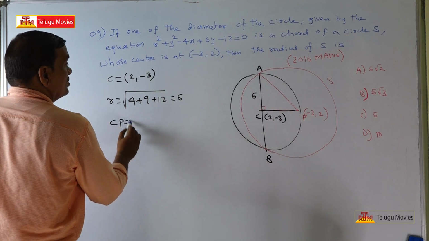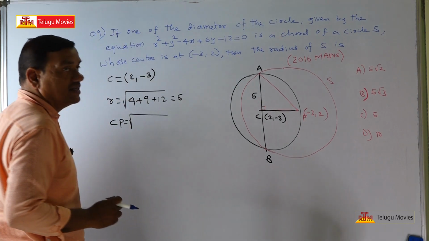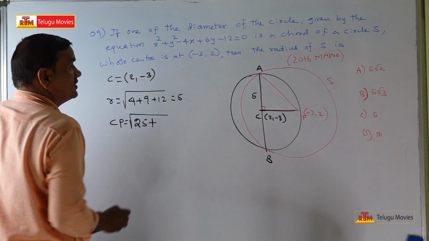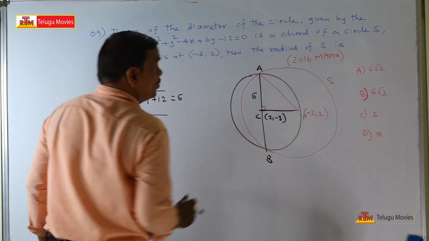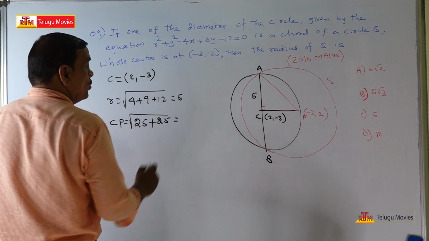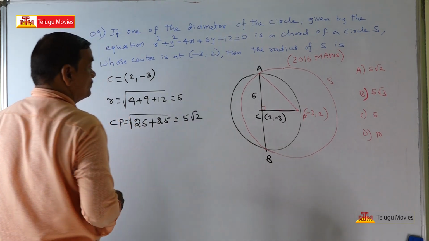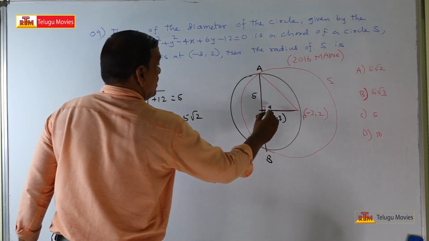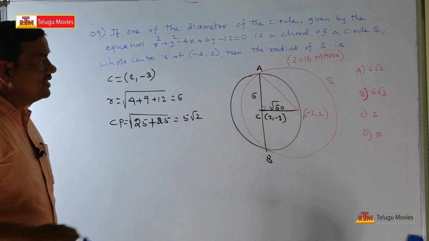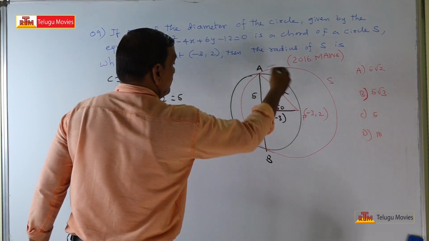The distance between CP is square root of (x2 minus x1) whole square, minus 3 minus 2, that is minus 5 whole square, 25, plus (y2 minus y1) whole square, 2 plus 3, 5, also whole square, 25. That is equal to root 50, which means 5 root 2. In that right angle triangle, is it the radius of the big circle?